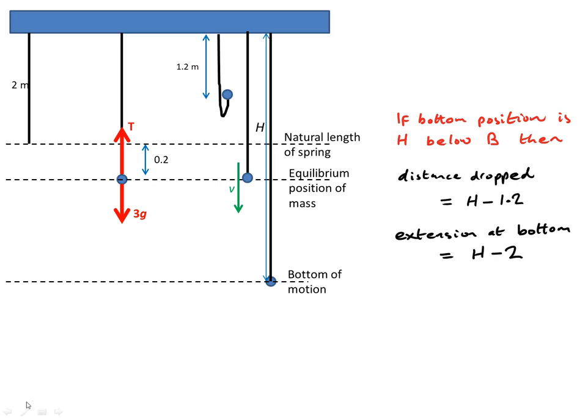And at the bottom, the extension of the spring will be h minus the natural length, h minus 2 meters. Now again, we're going to use an energy balance. So we've lost some potential energy in the drop, and we have gained elastic potential energy. There won't be any kinetic energy at the bottom because the speed will be 0 at the bottom.